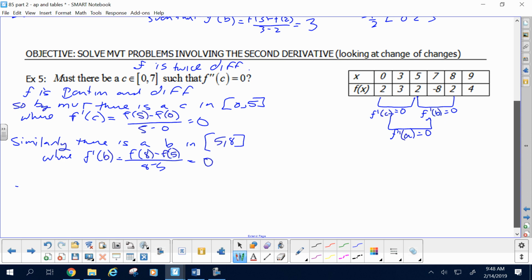To use the MVT on f prime, I have to say that f prime is continuous and differentiable, and that's because f is twice differentiable, right? Because f is twice differentiable, f prime must be continuous and differentiable. In other words, I can take the derivative of f prime because f double prime exists.